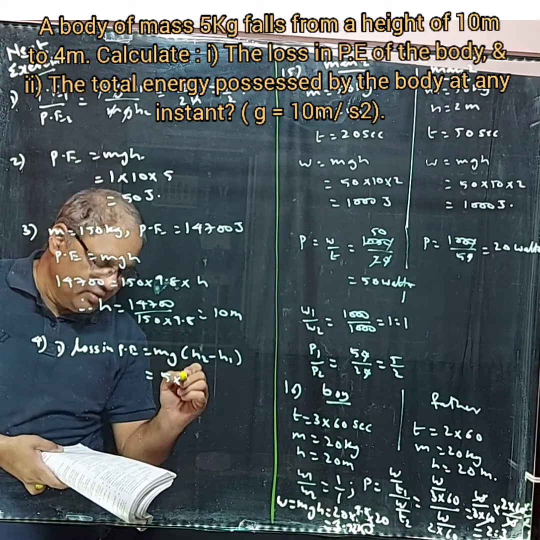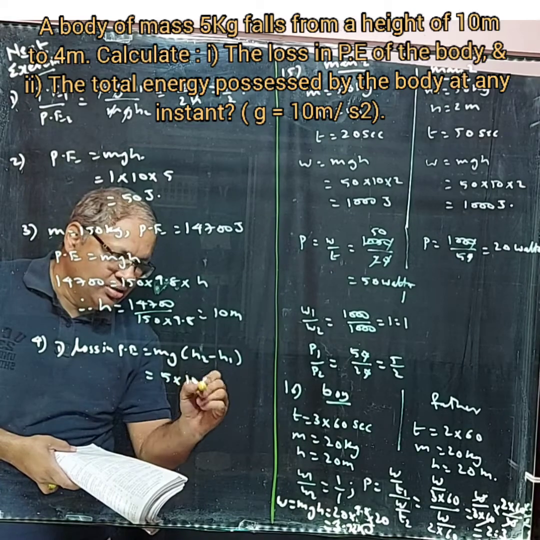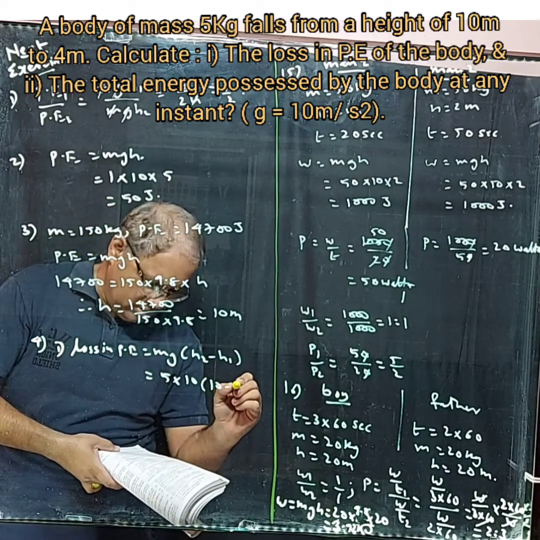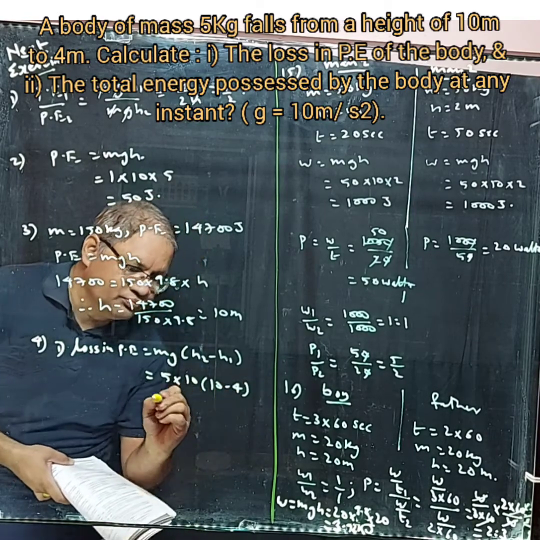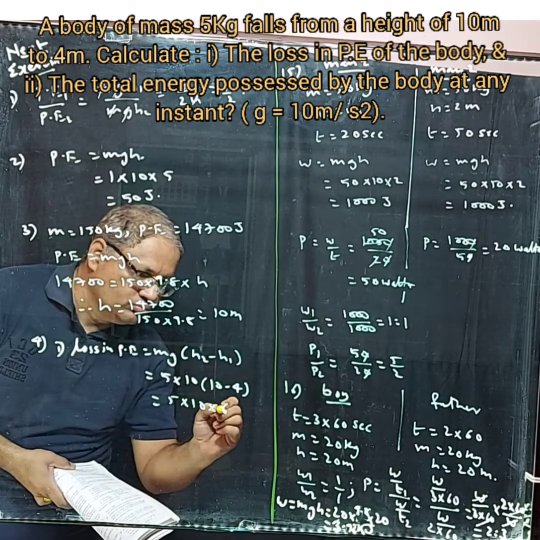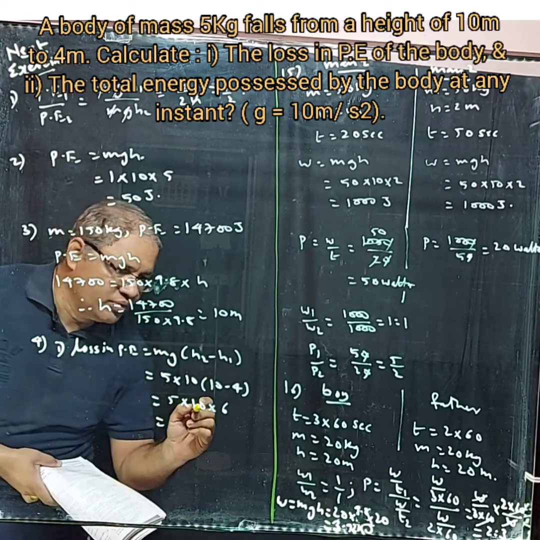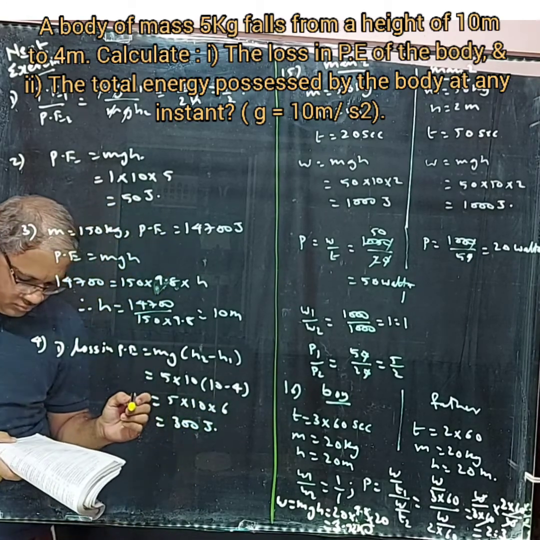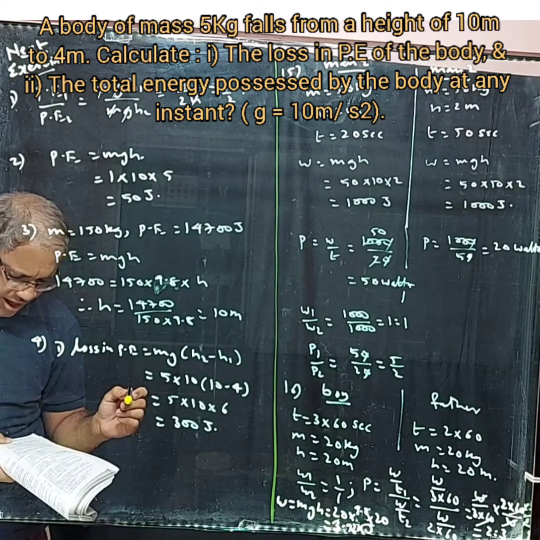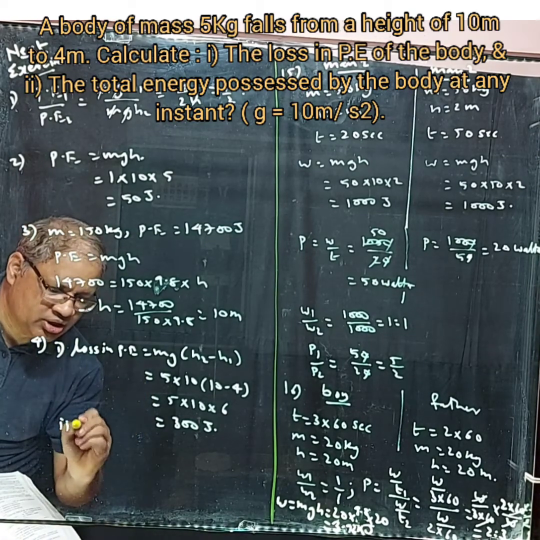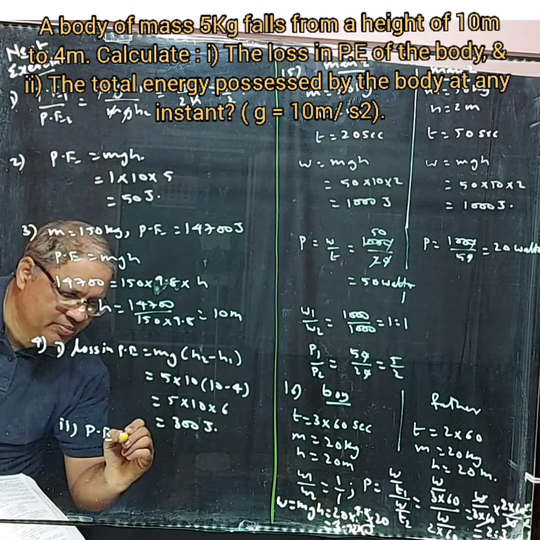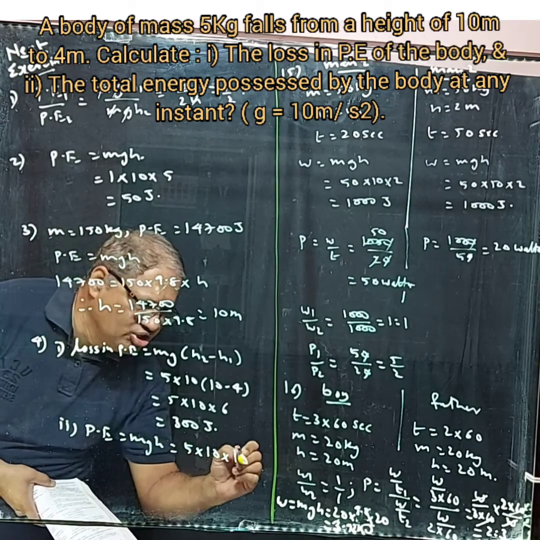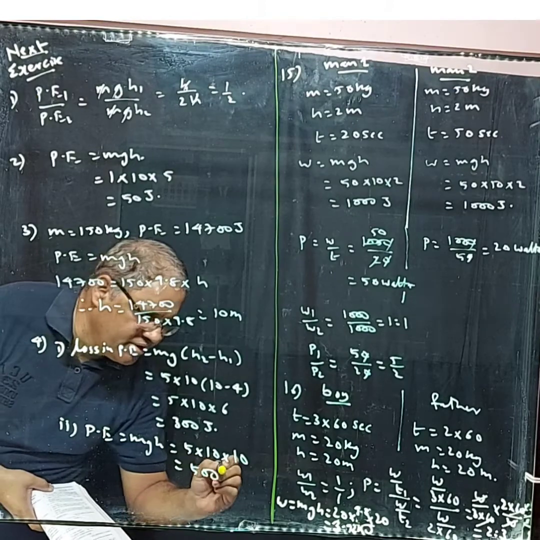Mass is 5, gravity is 10, h2 minus h1, 10 minus 4, that is 300 joules. Then energy possessed by the body at any instant: potential energy mgh, mass is 5, g is 10, h take it as 10, so 500 joules.